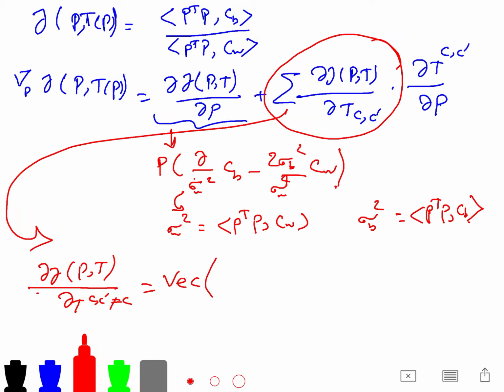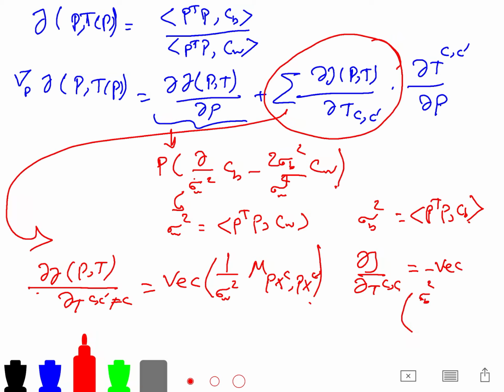We vectorize it as well. 1 over sigma wt m pxc and pxc prime, and we are separating them. So for C and C, this is minus vector of sigma b2 sigma w4 m pxc and pxc.